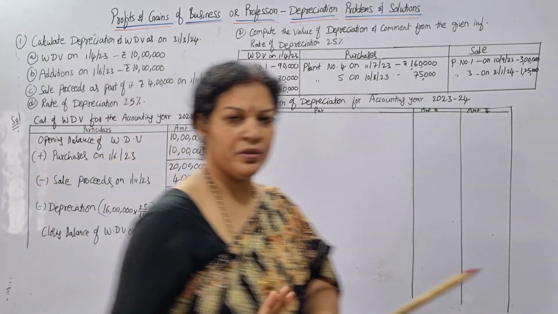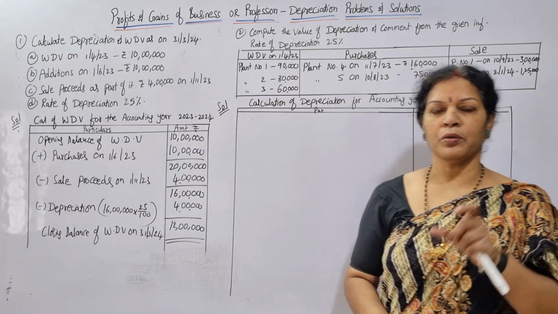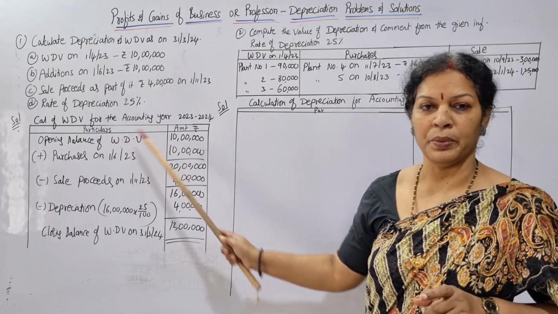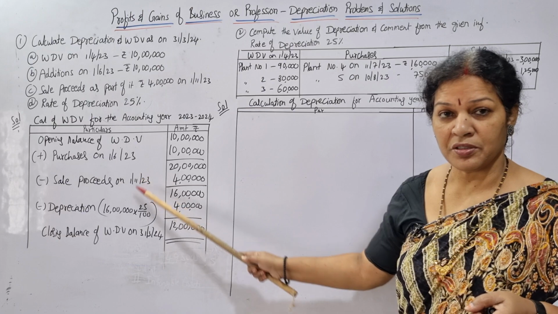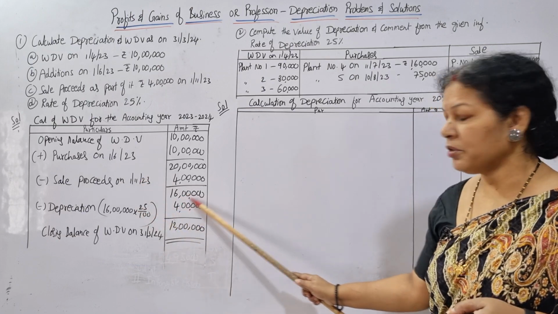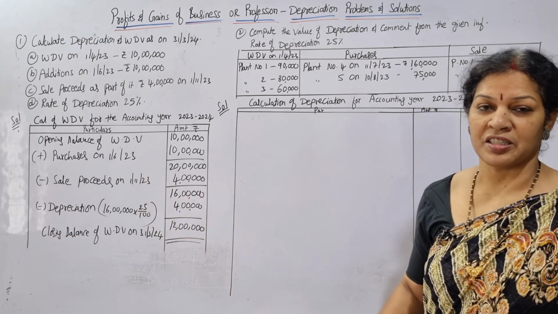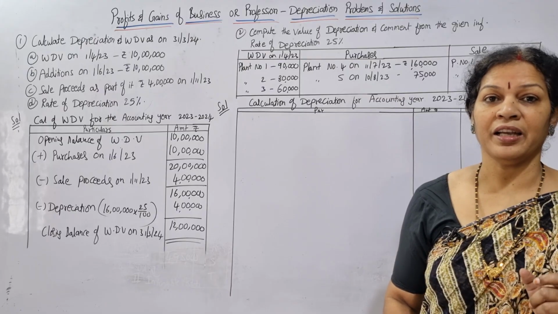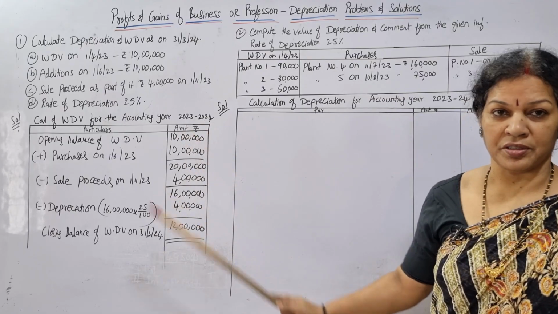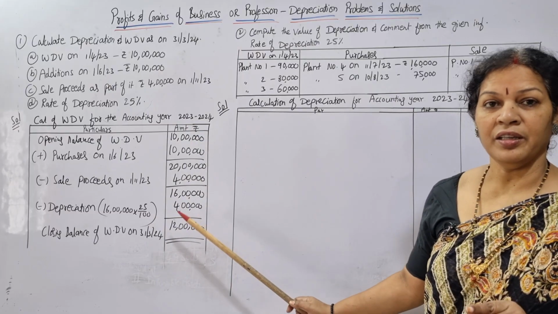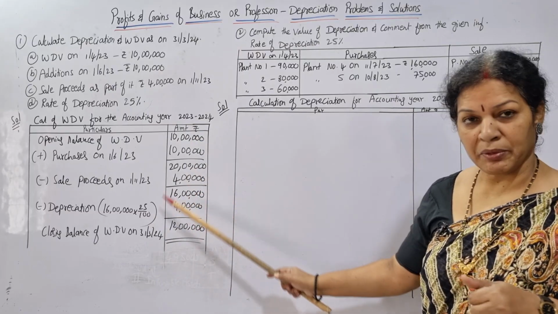One thing remember always, to find out the closing WDV, we'll start with the opening balance of WDV. Opening balance, add purchases minus sales. Some amount you are going to get. Here we got 16 lakh. On 16 lakh, we'll calculate the depreciation. Not on any of this. Directly on the amount whatever you are going to get.